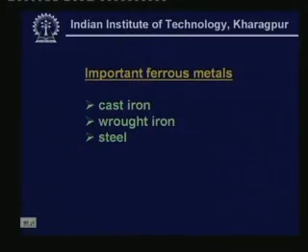Now, if we look once again, what are the important ferrous metals? The important ferrous metals are cast iron, another one is wrought iron, another is steel. So, these have a basic component of iron, but due to the compositions and mixing of some other elements, the name comes out to be cast iron, wrought iron and steel.